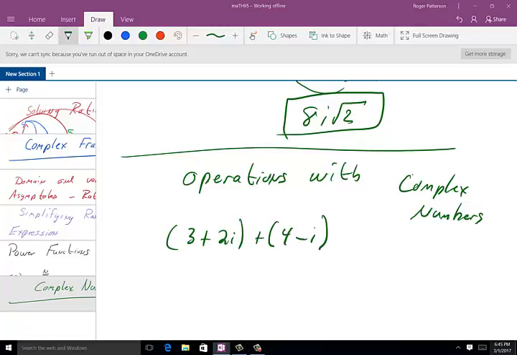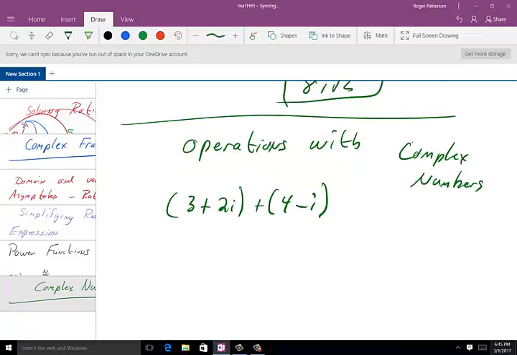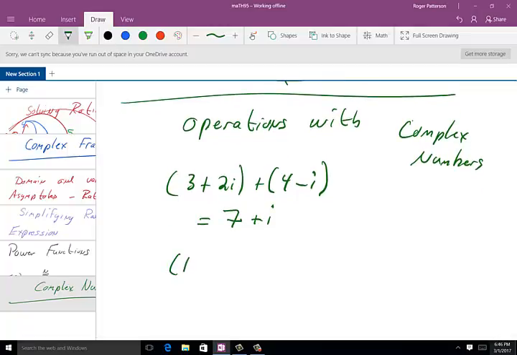All right, 3 plus 2i plus 4 minus i. You treat i as if it was a variable in this case. So you're going to add the common terms, real parts, imaginary parts. What would we get? 7 plus i, yeah. So adding them is just adding up the real parts, adding up the imaginary parts. No earth-shattering things there.